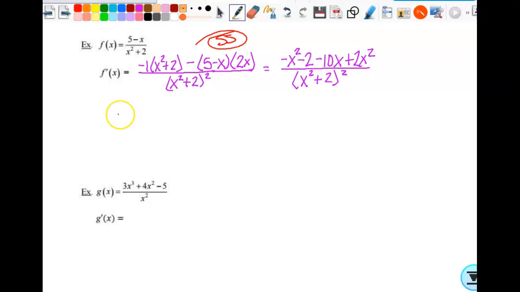So then to clean it up a little bit more, I'm going to have x squared minus 10x minus 2 over x squared plus 2 squared. So one of the reasons you clean it up is to see then, could I factor to maybe simplify and cancel out with the denominator? Is there going to be anything in this where I could cancel anything out?